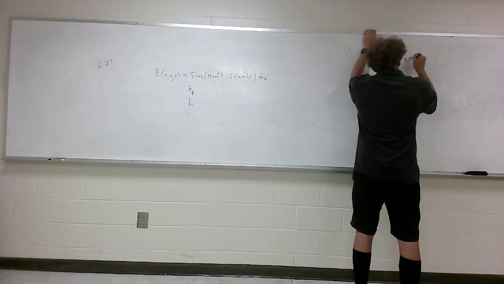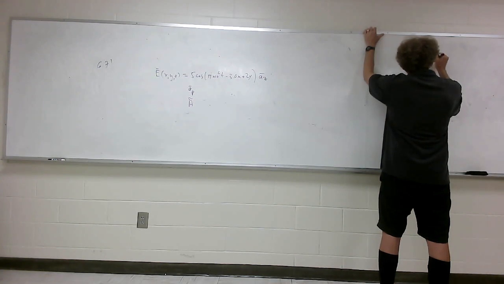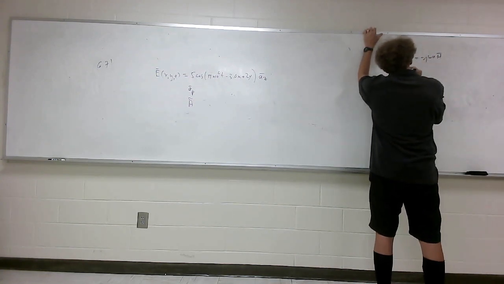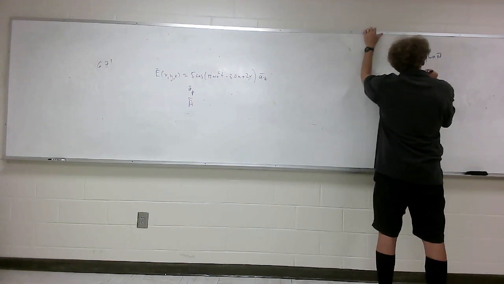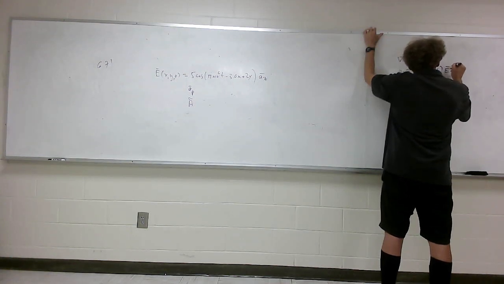You don't need to write this down, but it's for everybody's sake. The curl of E is equal to minus j omega mu times H. It's Michael Faraday's law of induction. And the curl of H would be sigma plus j omega epsilon times E. That's Ampere's law.